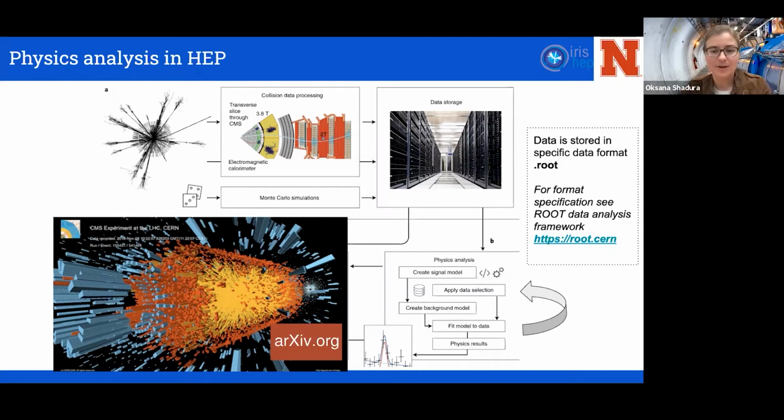So what happens when the physicist can finally do the analysis? He or she needs to follow a lot of stages. For example, start to create a signal model, apply data selection, create a background model, fit the model to the data, and then check physics results.